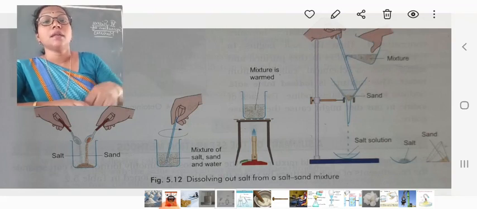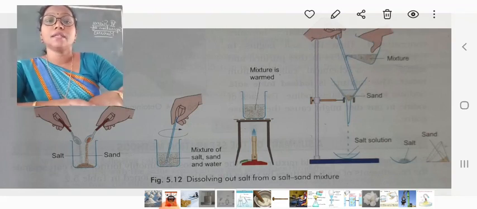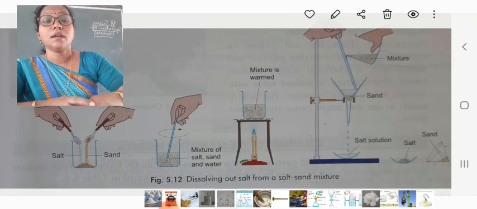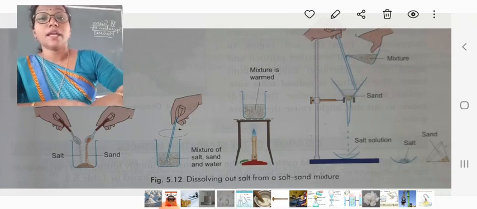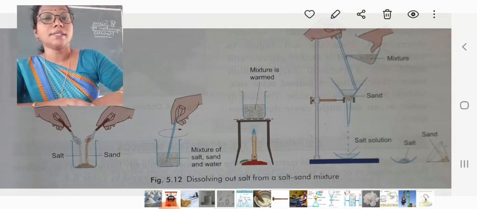One is soluble impurity and the second one is insoluble impurity. Children, consider the mixture that contains salt and sand, dissolved in water. Salt is the soluble impurity and sand is the insoluble impurity. It is mixed in water, dissolved in water.